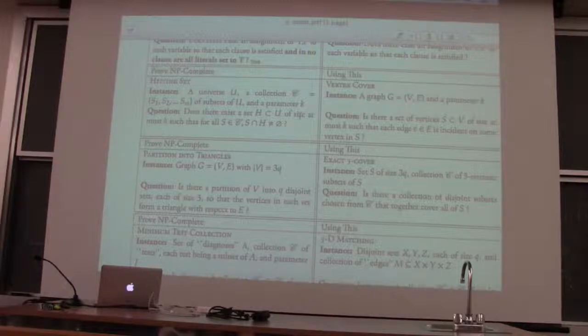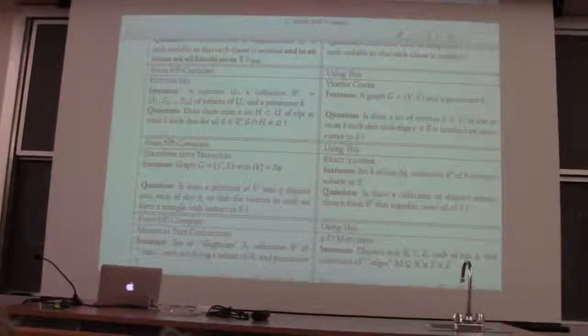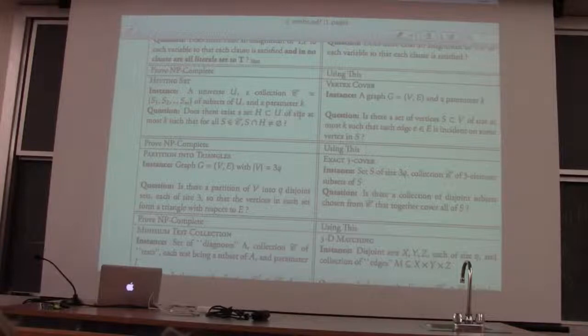But I will actually give you the best hint of the book. I will tell you what I want you to reduce from, which is usually the hardest thing to do. The problems on the left-hand side are the ones that are known to be hard.